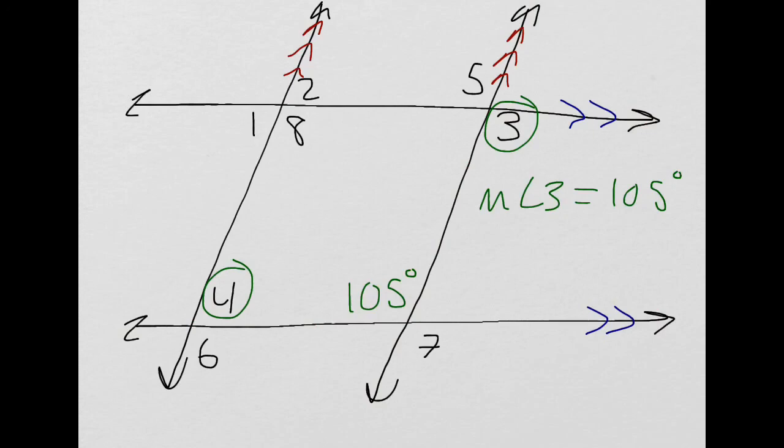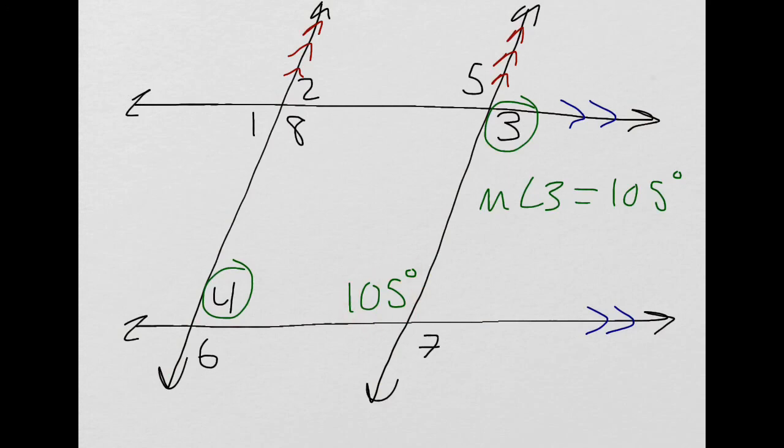Let's take a look at the measure of angle 4. So I know that this line right here is parallel to this line right here because I'm using this notation here. The three arrows, they have the same number of arrows, so that means that they're parallel. These two parallel lines here are cut by this transversal, so that means that these are same side interior angles.